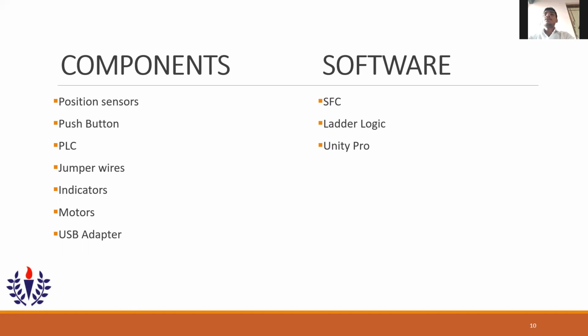Indicators are used to show changes in the programming towards achieving a specific outcome based on the push button. A motor converts electrical energy into mechanical energy. Now moving on to the USB adapter, it is a connecting wire which is used to transfer data, SFC, ladder logic, from the PC to the PLC through Unity Pro software.